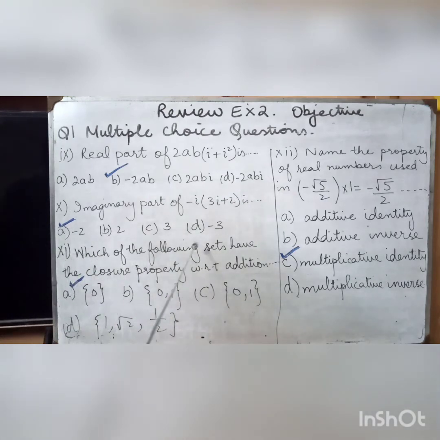Which of the following sets have the closure property with respect to addition? A, 0. 12. Name the property of real numbers used in minus square root of 5 over 2 into 1 is equal to minus square root of 5 over 2. C, multiplicative identity.